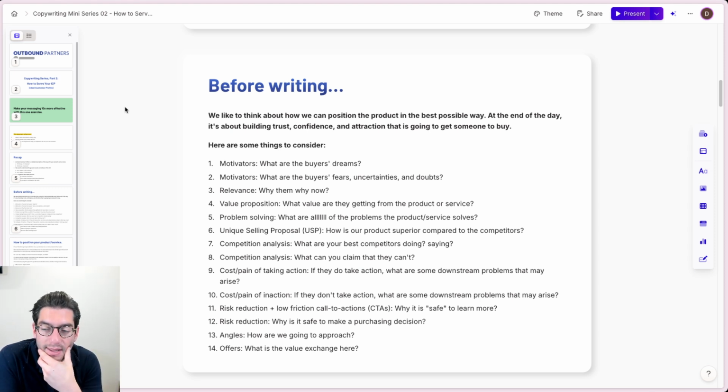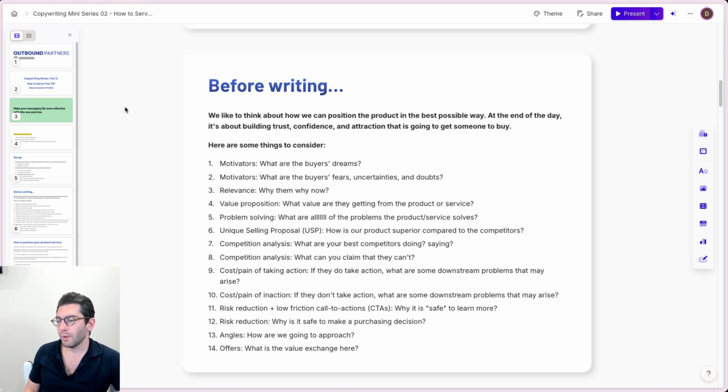But the idea here is to just give you some probing questions so that you can extract more value, more insights from your mind, because good questions equal good answers. And your mind and the research you do will shed a lot of light on these things.